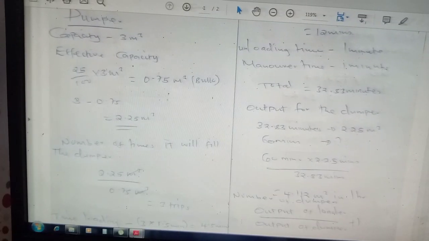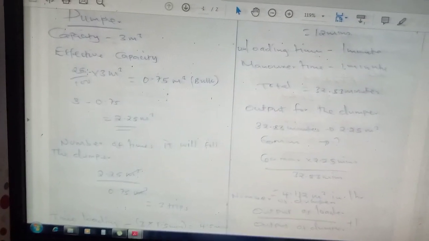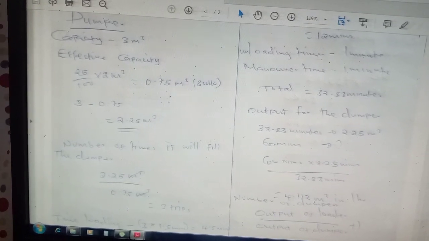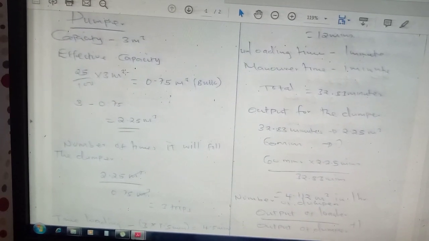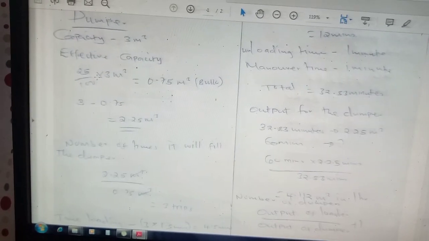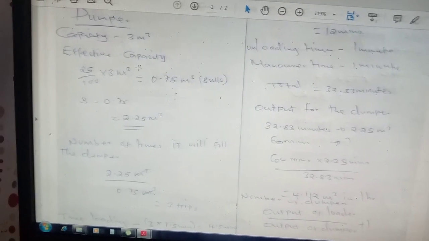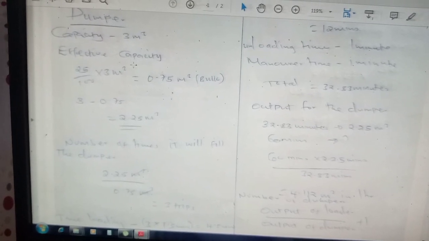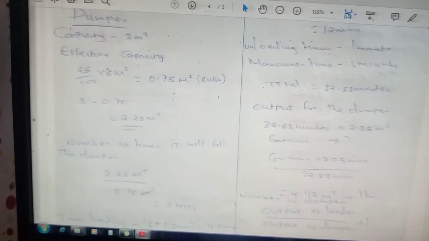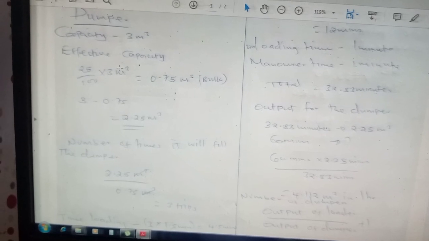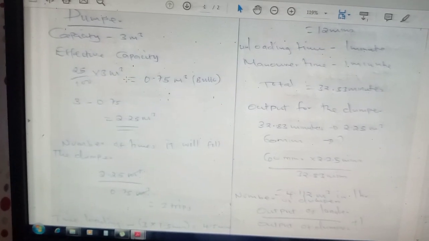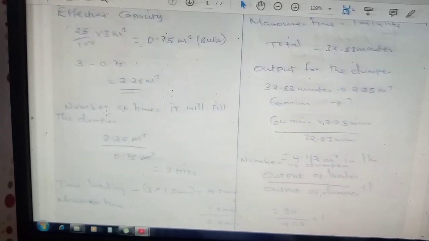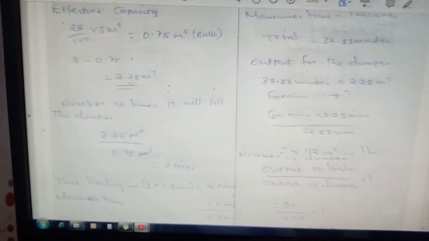All those are constituted in that volume of 3 cubic meters. So you first eliminate the allowance for bulk, which is 25% of that 3 cubic meter capacity of the damper. You'll get the effective capacity of the damper as 2.25 cubic meters.